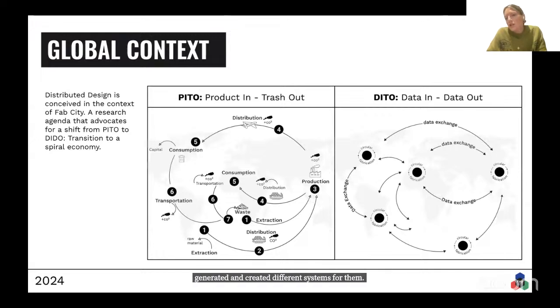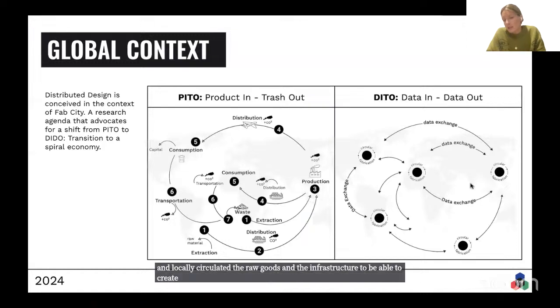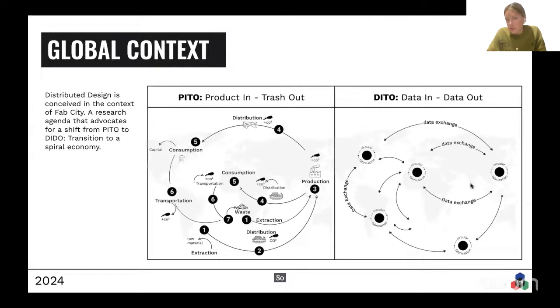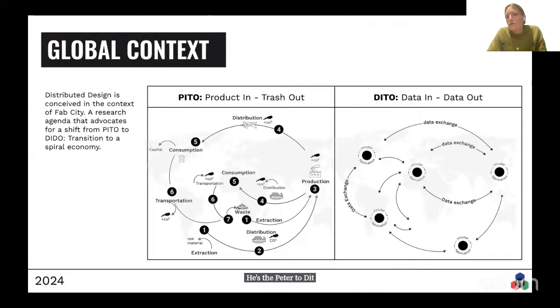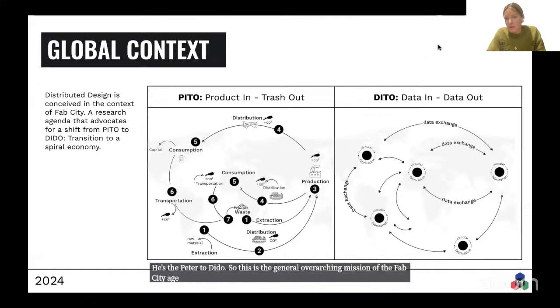So what if we exchanged data, so moving information, and locally circulated the raw goods and the infrastructure to be able to design, manufacture, and create locally? So this is what we call the DIDO, data in, data out. So this global context and this framework, which you will see many times in this course, is the PITO to DIDO. So this is the general overarching mission of the Fab City agenda, the Fab City Global Initiative.